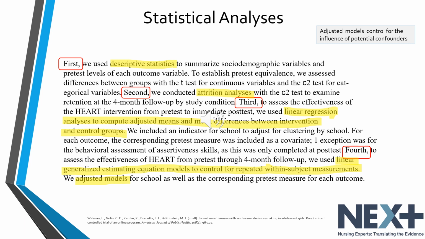Models that are adjusted or controlled take into account confounding variables. Remember, these are variables that influence the outcome or influence the intervention, and they need to be adjusted for.